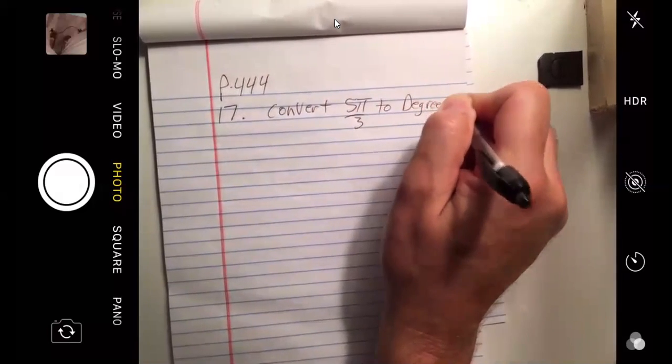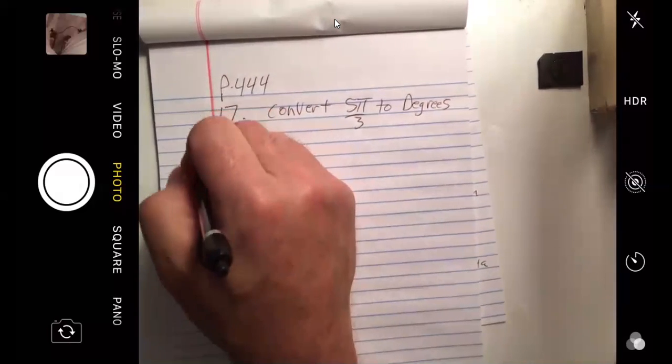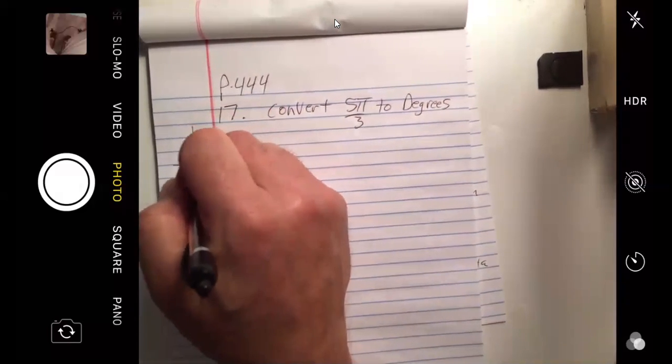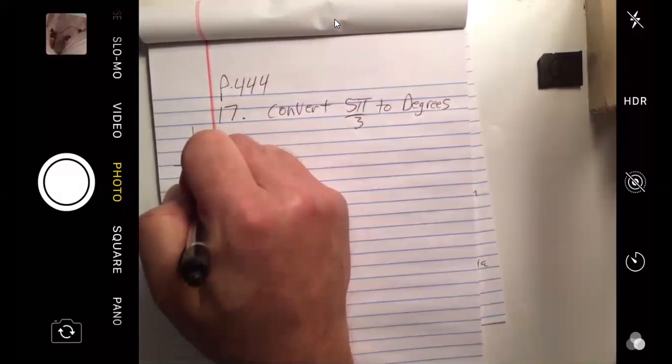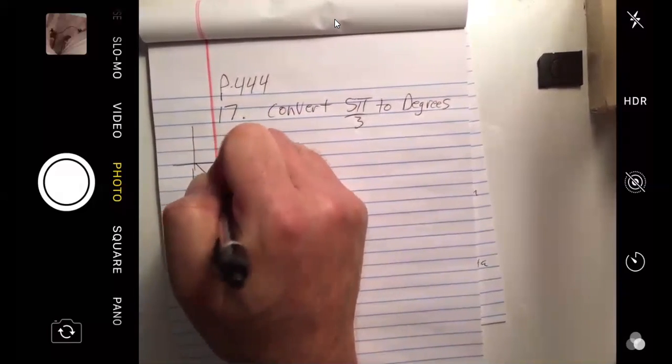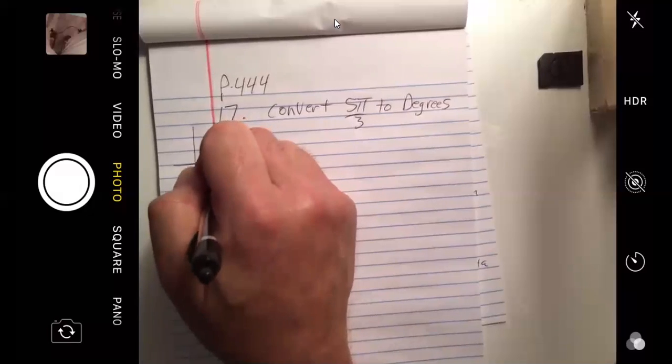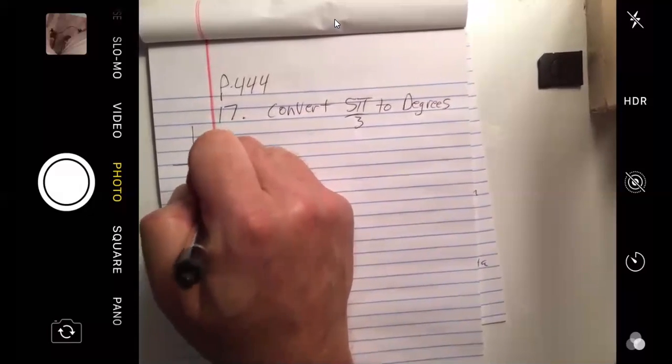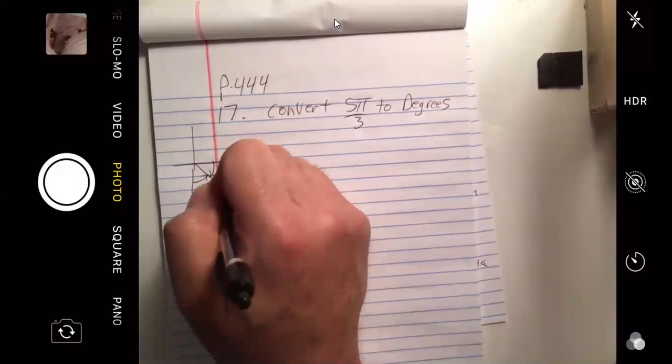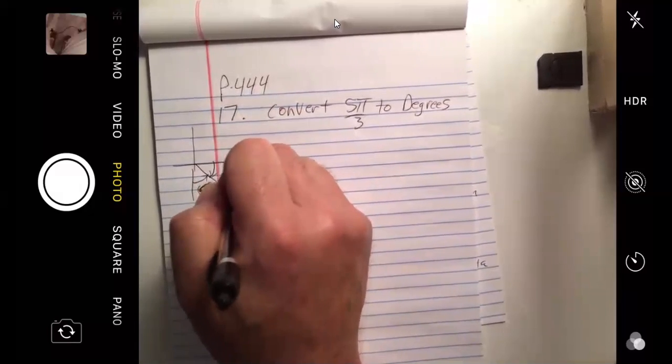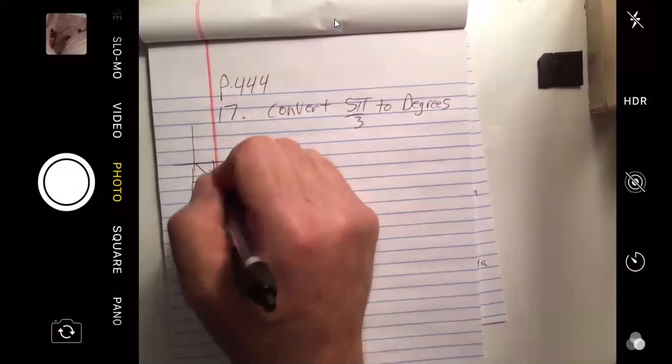If you look at the diagrams I showed you earlier, it should be obvious if you get this memorized. 5 pi over 3 is the 60-degree equivalent this way. It's 30 degrees this way. So it should be 300.